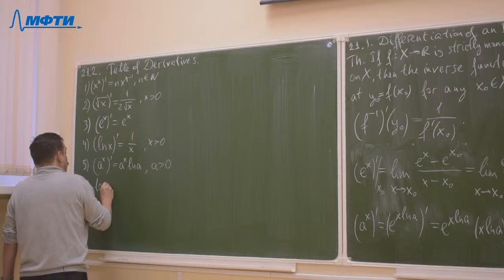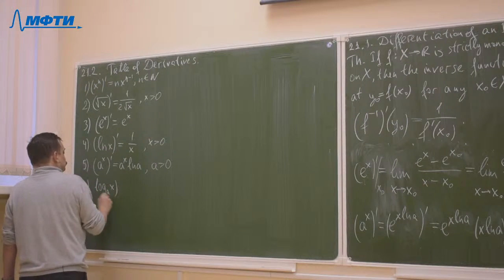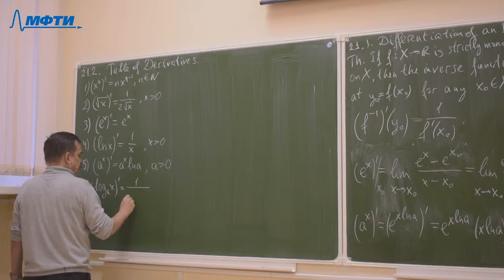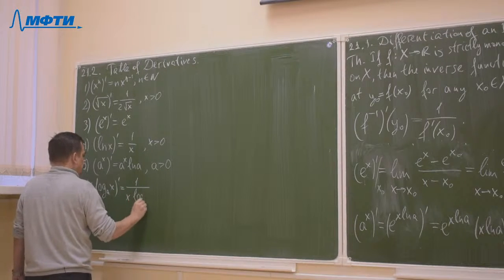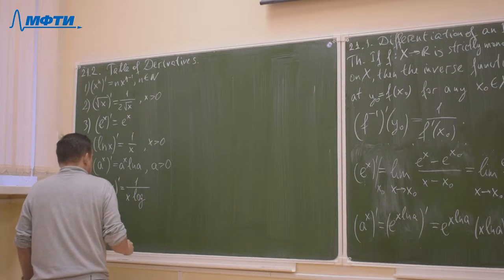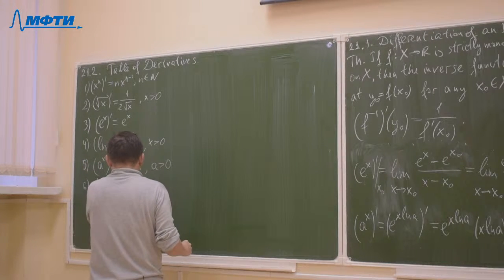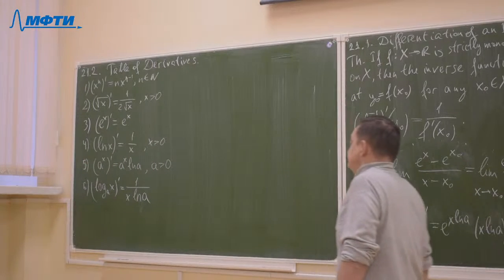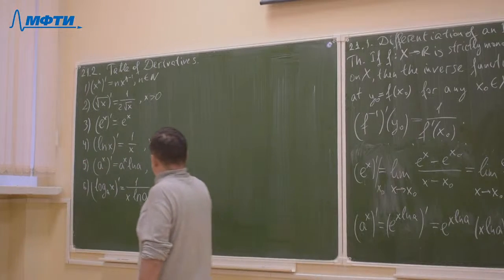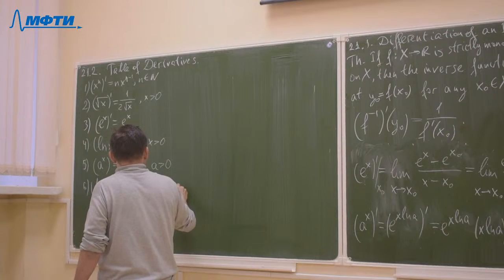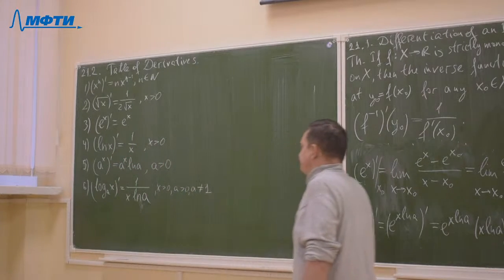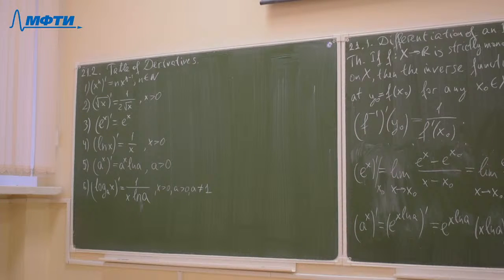For the general logarithmic function, we have the following. Again, x positive, a positive, and a not equal to 1, otherwise we cannot define the logarithm.